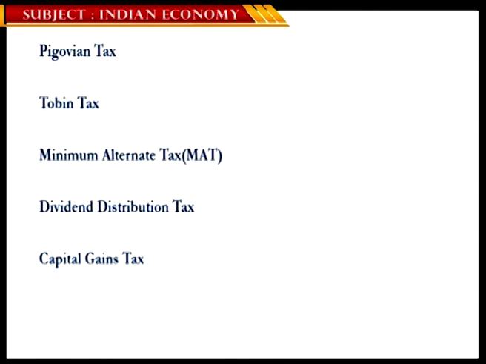Before going ahead, let me make it clear what exactly we discussed in this session. We discussed what is taxation, the difference between direct and indirect taxes, and the difference between cess and surcharges, and then we understood various terminology related to taxes.